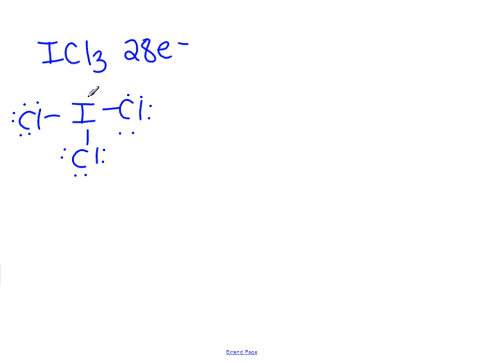When we look at these, we've got our electrons on there. So here, when we take a look, we've got a central atom. There are 1, 2, 3, 4, 5 electron groups, which means it's trigonal bipyramidal.